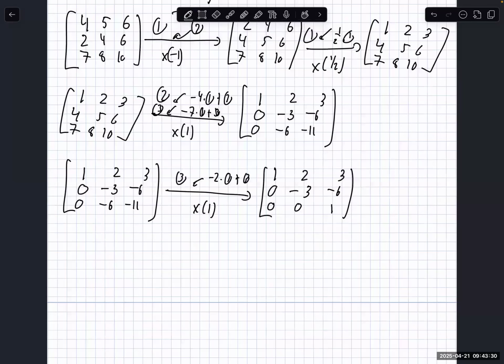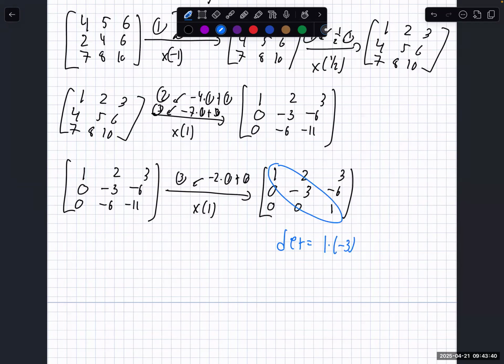Okay, now we can just calculate the determinant here. Easy to do in your head. It's upper triangular, so the determinant is the product of the diagonal entries, which is -3. Okay, I multiplied the mystery number by 1 to get a determinant of -3. So that must mean that the determinant was -3 before I started.